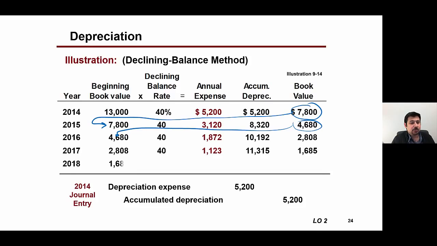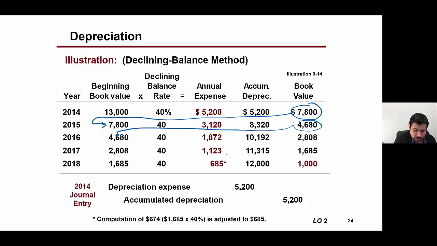Now, in the last year, the amount that will be here is supposed to be 674. At this point, if we multiply 1,685 by 40%, it will give us 674.